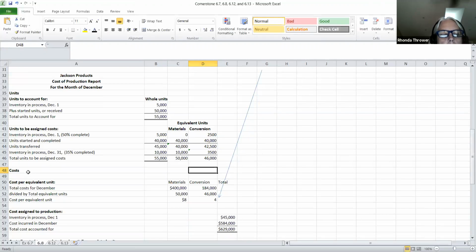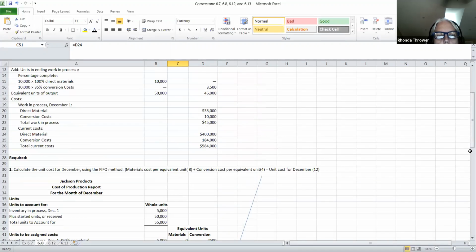So the next step is to do the cost section of the cost of production report. We're going to start by determining the cost per equivalent unit. And we'll do a cost per equivalent unit for materials, and we'll do a cost per equivalent unit for conversion. The total cost for December of materials is 400,000. This is given.